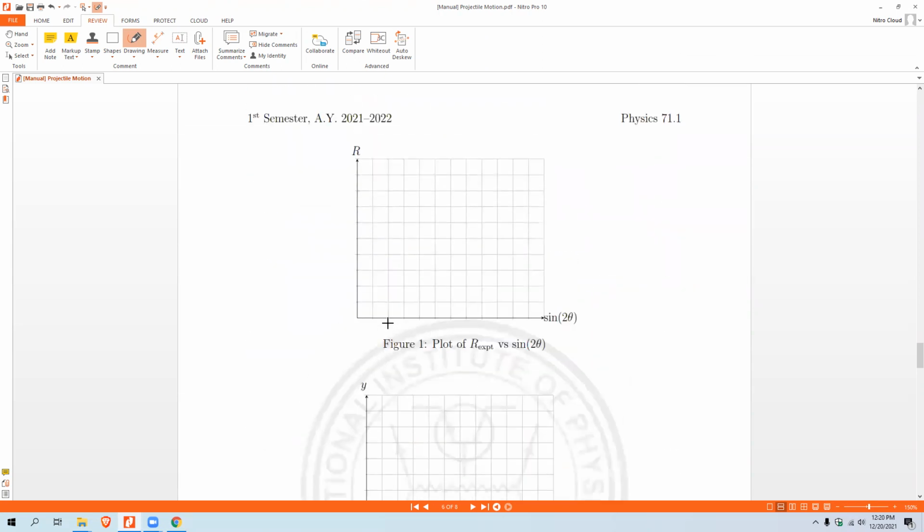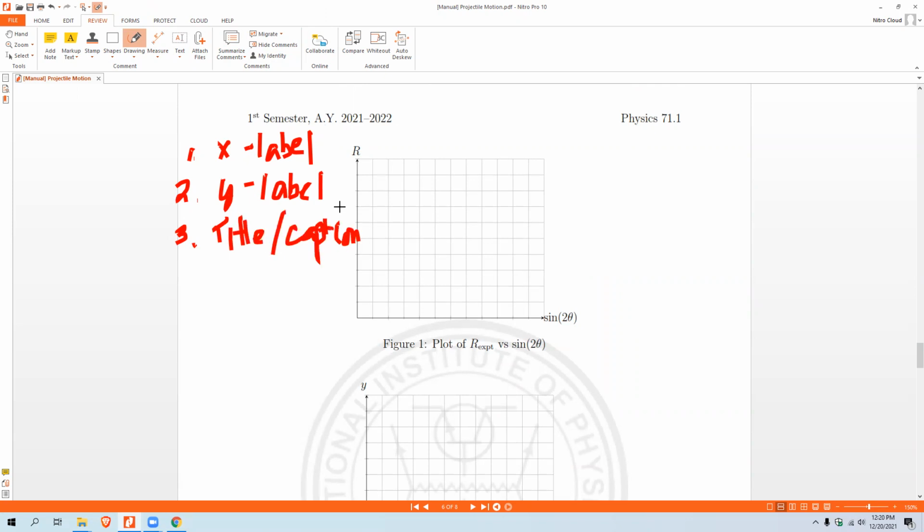Sa figure 1, so dito, again, yung different plot elements natin ay X label, Y label with units, title or caption, and legend if necessary, which is not always.